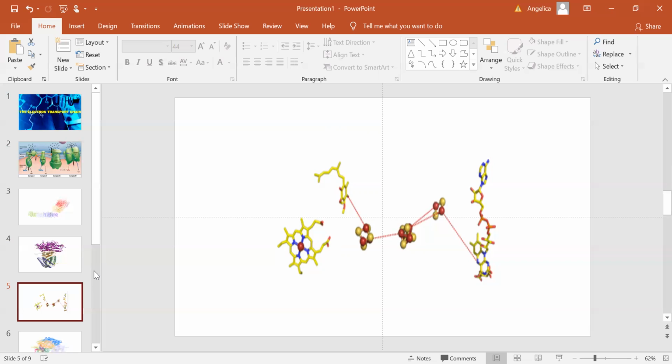The arrangement of prosthetic groups in the succinate-Q reductase complex 2 structure, with the protein not displayed. The view is a 90-degree clockwise rotation relative to the view seen in the ribbon diagram at left.